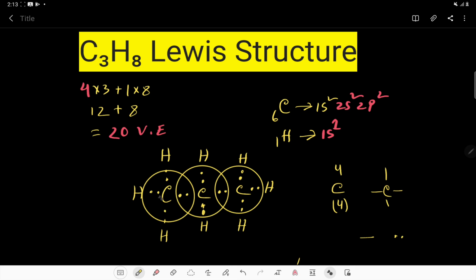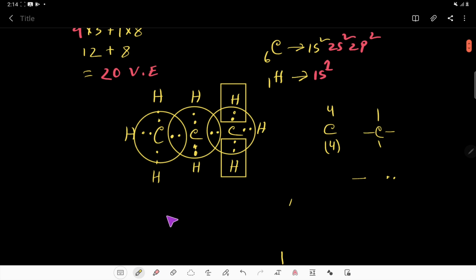So this carbon has fulfilled its octet, and this hydrogen has fulfilled its duet. This hydrogen also has fulfilled its duet. So the same case is for all the hydrogens, right? So we can say that this is the Lewis structure. So here is the structure.